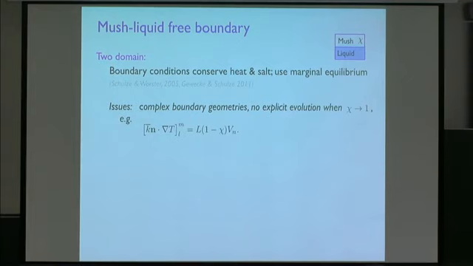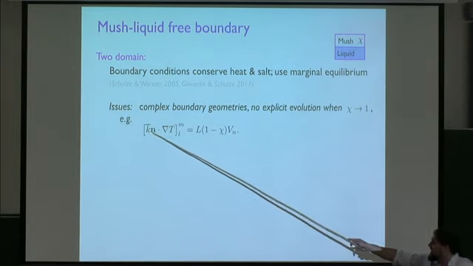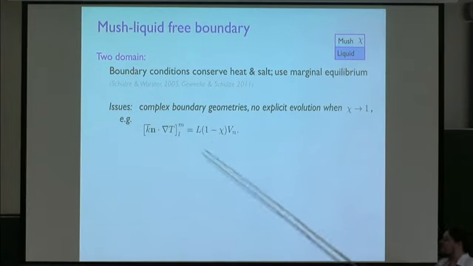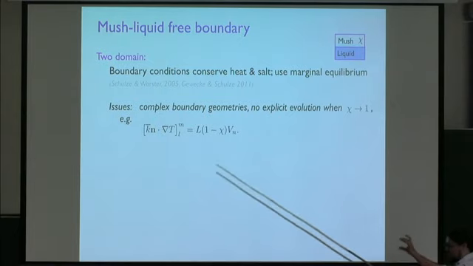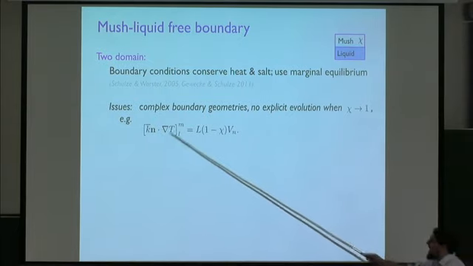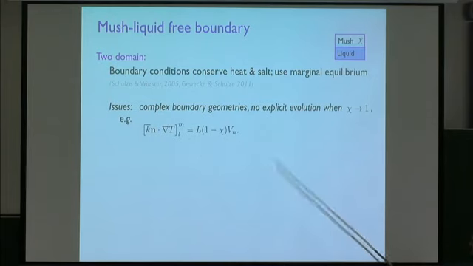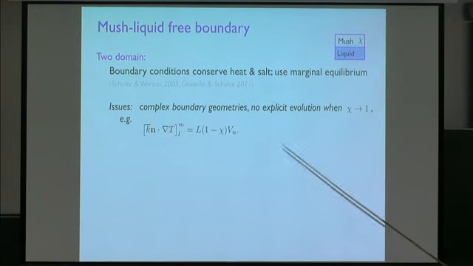The other issue that can arise, so this is more of a computational issue in terms of the complexity, is that if you've got this boundary being the region where the liquid fraction is equal to 1, which often happens for freezing settings, you find, for example, that normally you'd think about ice growth being modeled by looking at the difference in the temperature gradient heat coming from the mush side and the liquid side, and then using that to supply latent heat in order to melt ice or remove it to grow ice at rate Vn.